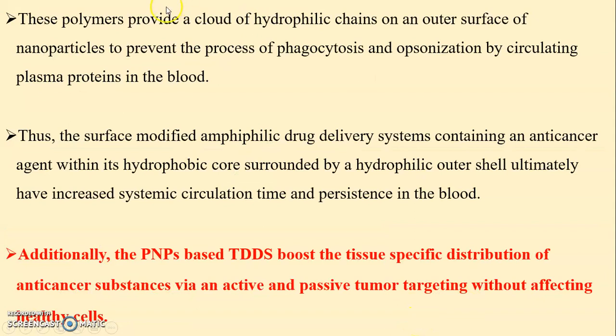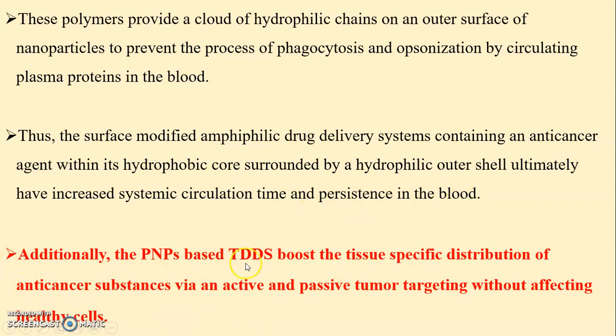These polymers provide a cloud of hydrophilic chains onto the outer surface of nanoparticles to prevent phagocytosis and opsonization by circulating plasma proteins in the blood. Thus, these surface modified amphiphilic drug delivery systems, containing an anti-cancer agent within a hydrophobic core surrounded by a hydrophilic outer shell, ultimately have increased systemic circulation time and persistence in the blood.